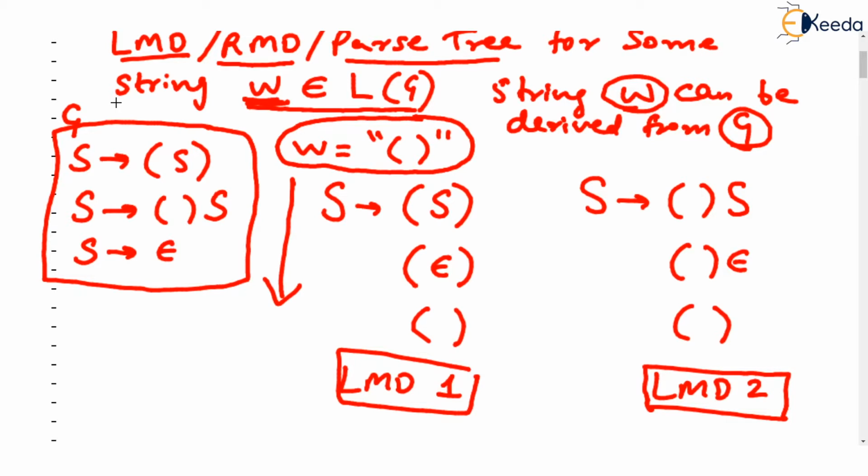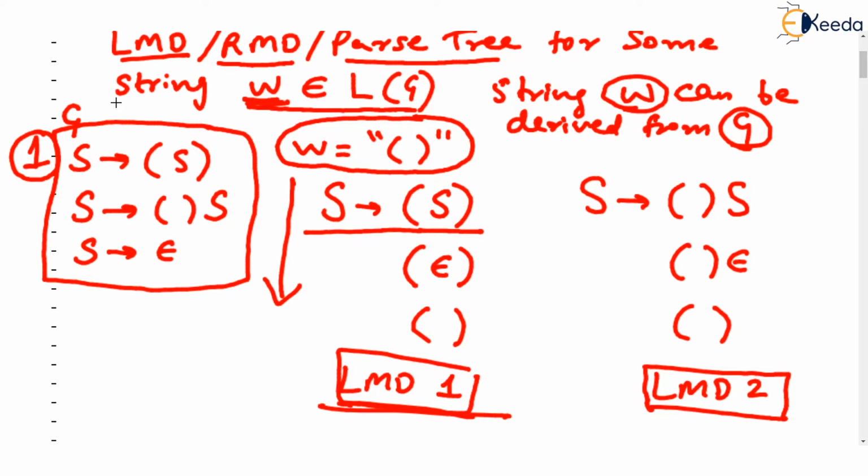First production that we have used here is S derives (S), that is, S derives open bracket S close bracket. That means we have used the first production of the given grammar.